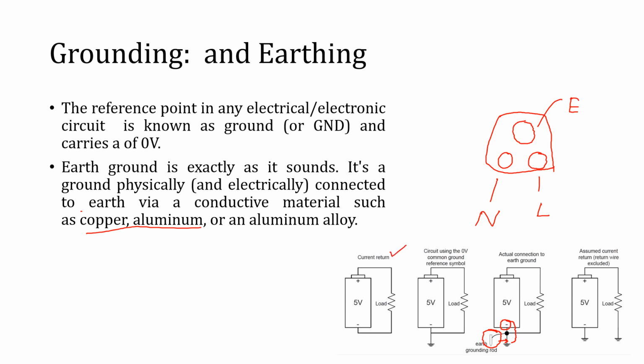Second is when the current return configuration is connected to the main supply's ground, then the main supply ground is further connected to the earth. That is the third condition, and it is actually similar to this one. That is, they have individual grounds, but the individual grounds are further connected to the main power supply. If the main power supply is further connected to earth, that is well and good.